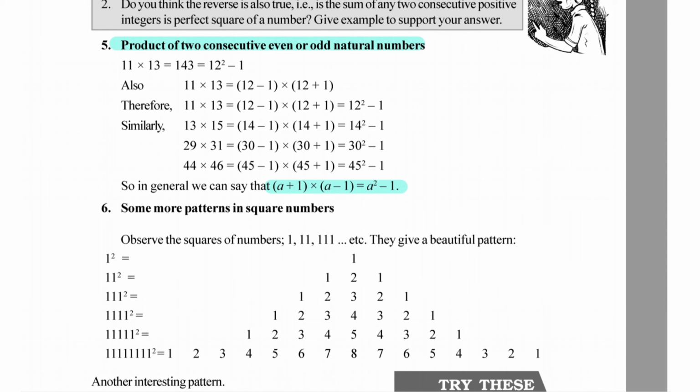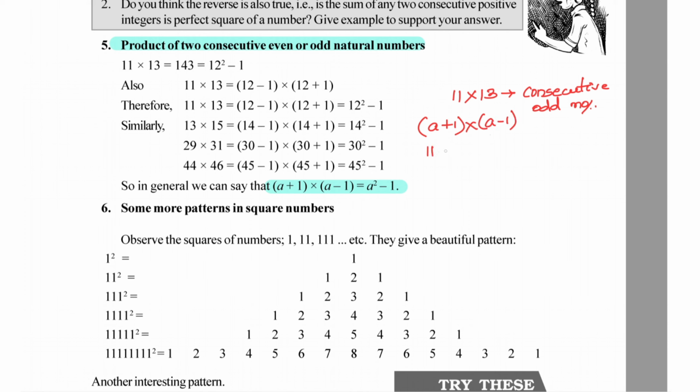Now for example, I'll consider 11 into 13. So the product of 11 and 13. These two are consecutive odd numbers. Now I need to express this in the form of a plus 1 into a minus 1.